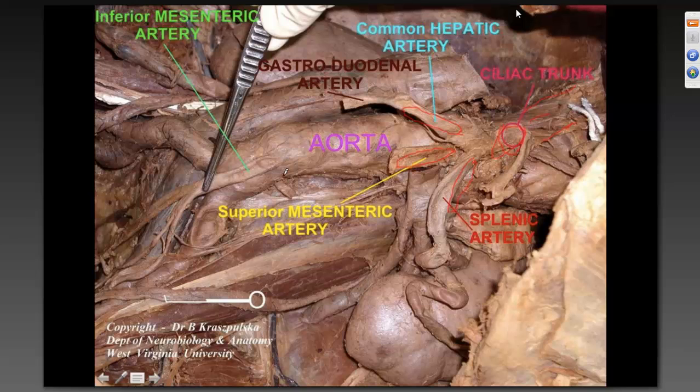Okay, and I'm still tracing the aorta here. And as we work our way down to the feet, now we have the inferior mesenteric artery. And the difference between them, the superior basically handles all of the perfusion.